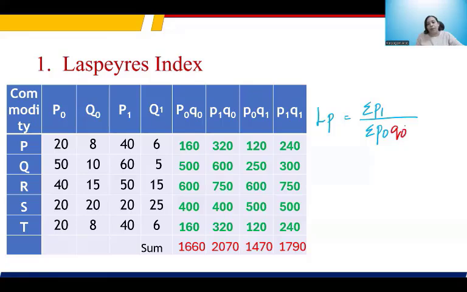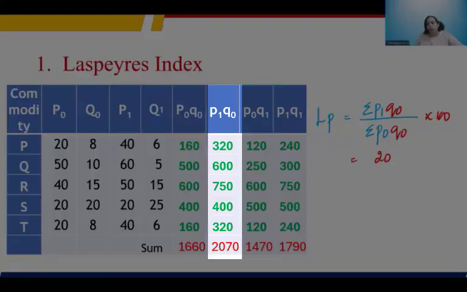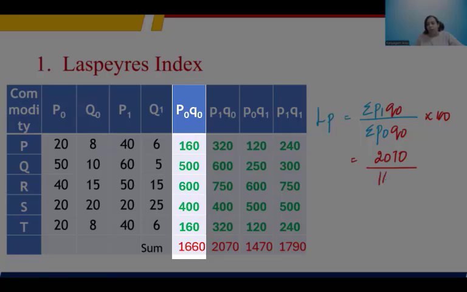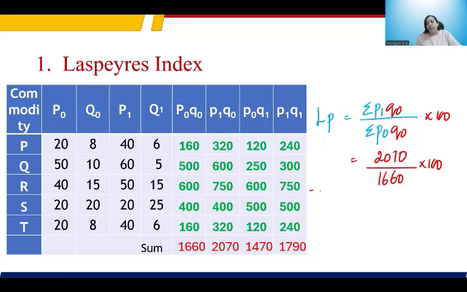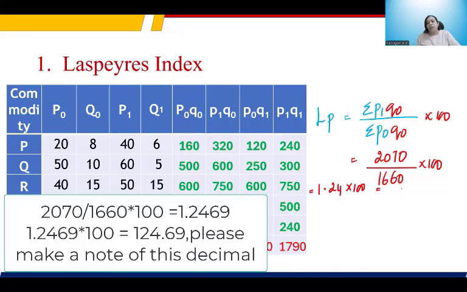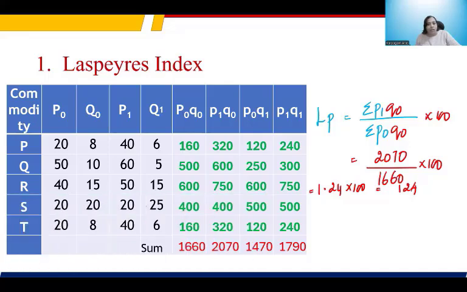The person does not update the quantity, multiplied by summation of P1 Q0, 2070, upon P0 Q0, 1660, multiplied by 100. This will give us 1.24 multiplied by 100, which gives an answer of 124. This means from the base year to the current year, there is an increase of 24%, because the base year is 100 and the current year is 124.